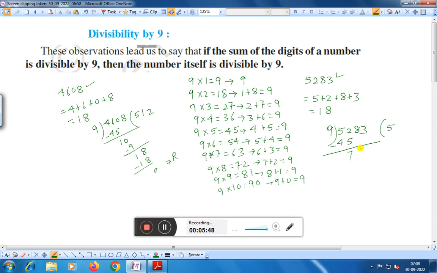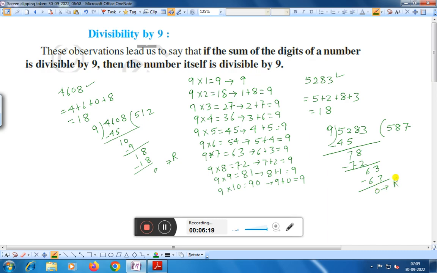Right? Then 8 down, 78. 8 9 is 72. 78 minus 72 is 6. And then 3 down, 63. That means 7 9 is 63. And here also we find that the remainder is 0, or you can say it is also divisible, right?